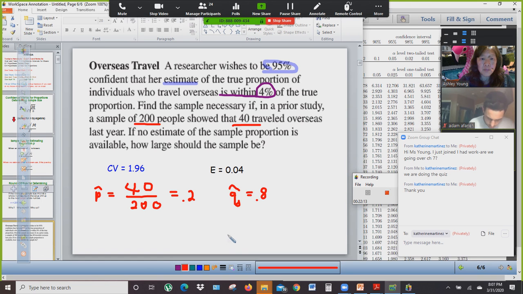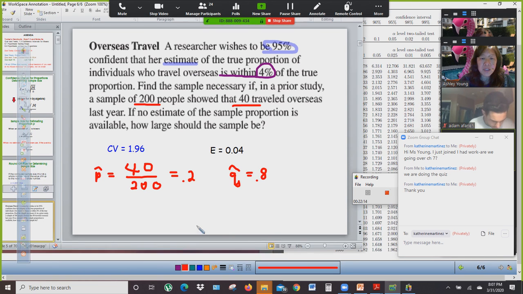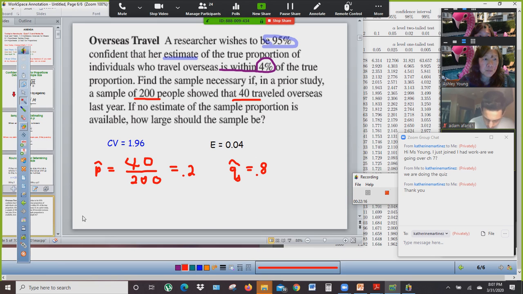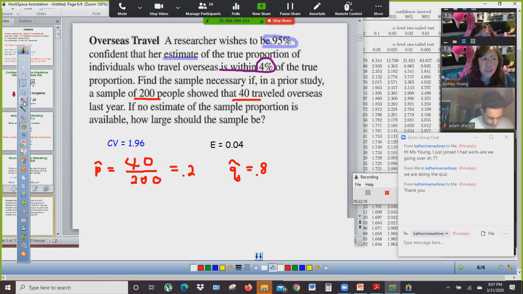Q-hat must be what? 80% or 0.8. Exactly, 80% or 0.8. Yep, because these have to add up to 100%. If 20% say no, 80% must have said yes. Good, so now I think I have all the pieces I need.